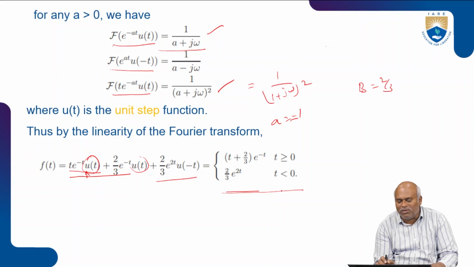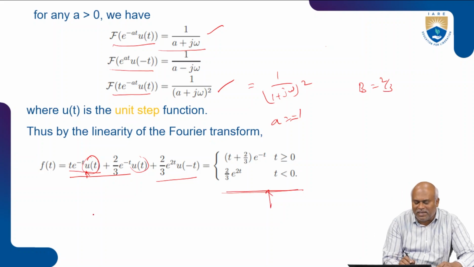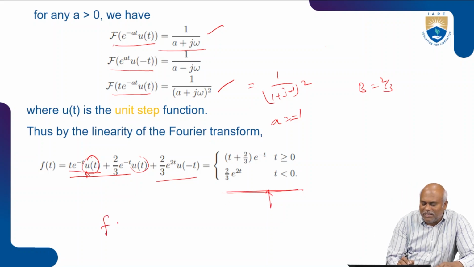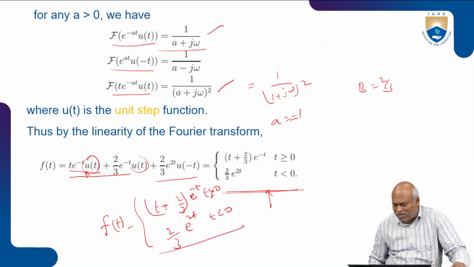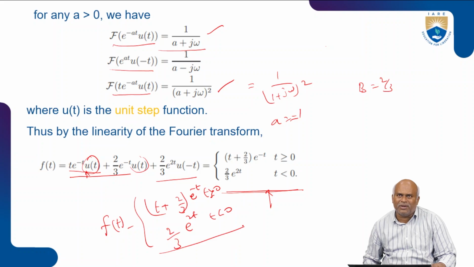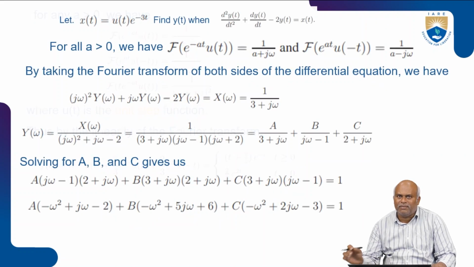So finally I wrote the equation x(t), or f(t), equal to (t + 2/3)e^(-t) for t greater than or equal to 0, and (2/3)e^(2t) for t less than 0. This equation we got is represented as the inverse Fourier transform condition.